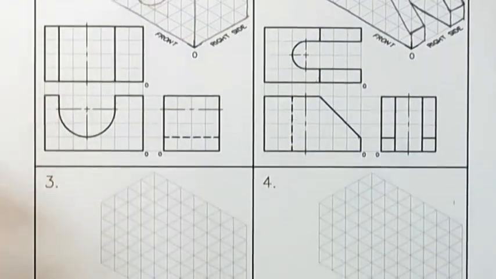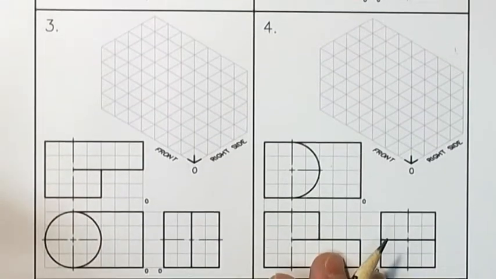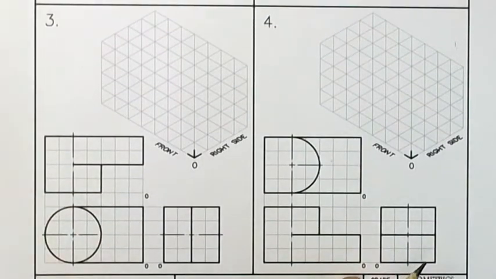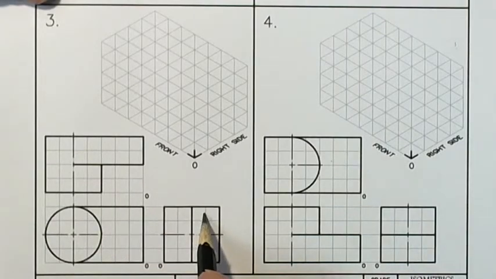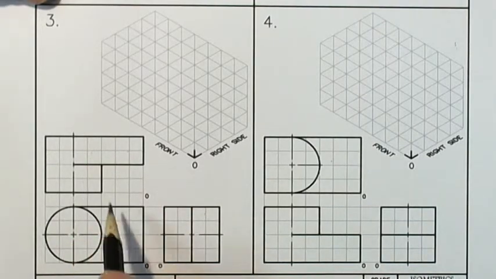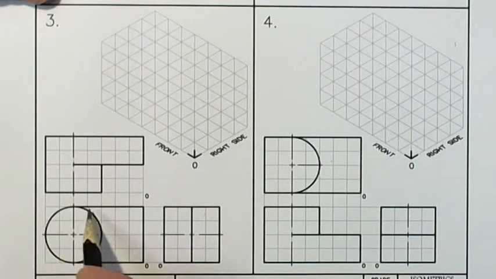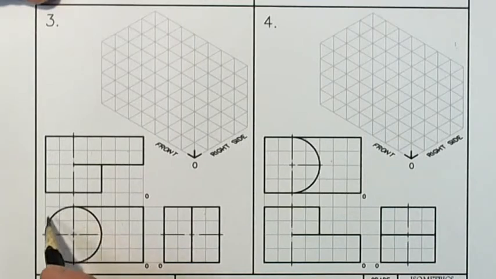Now for a little more difficult type problem, let's move to number 3. Here we have a rectangular prism to the rear and a cylindrical projection to the front, and the whole left side of this is rounded with the cylinder.